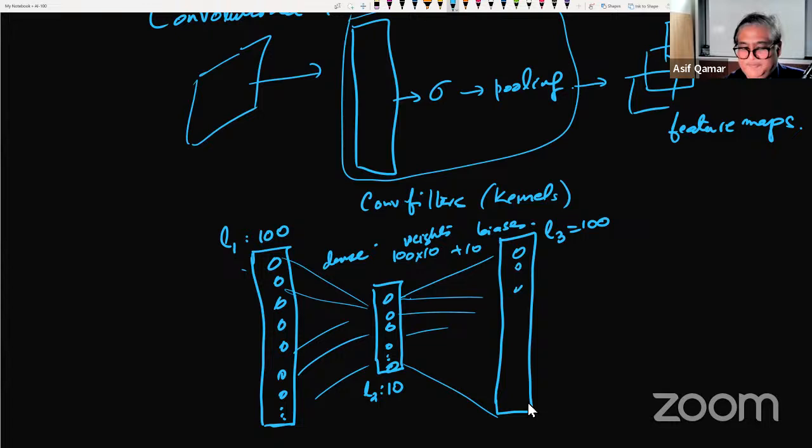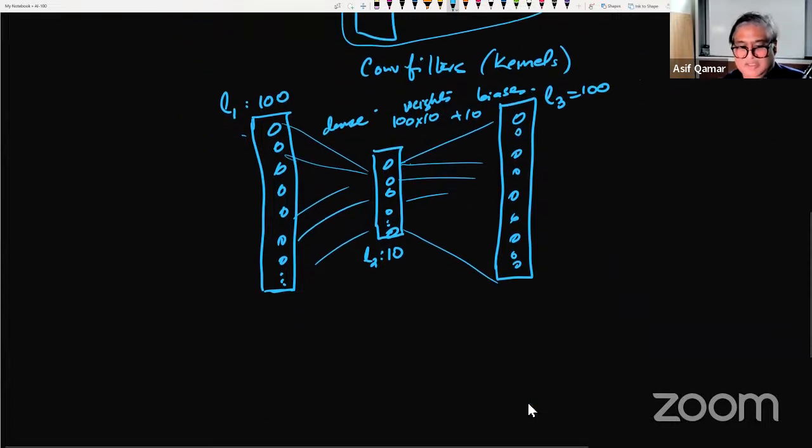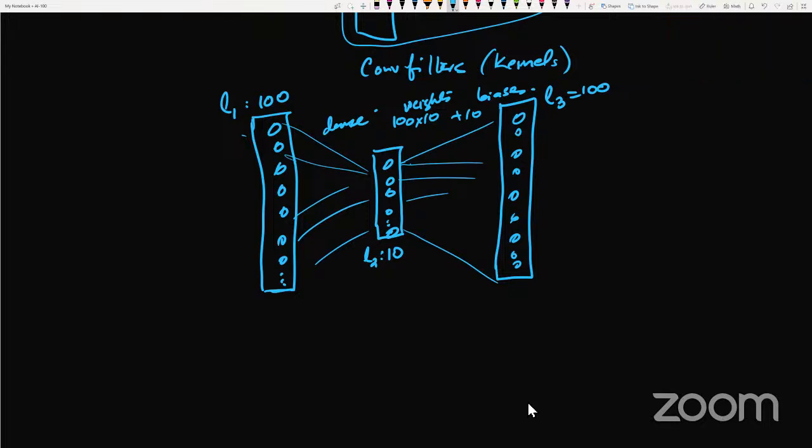It looks funny, since I went down to a low number of neurons and then back to a high number. But I can do that.